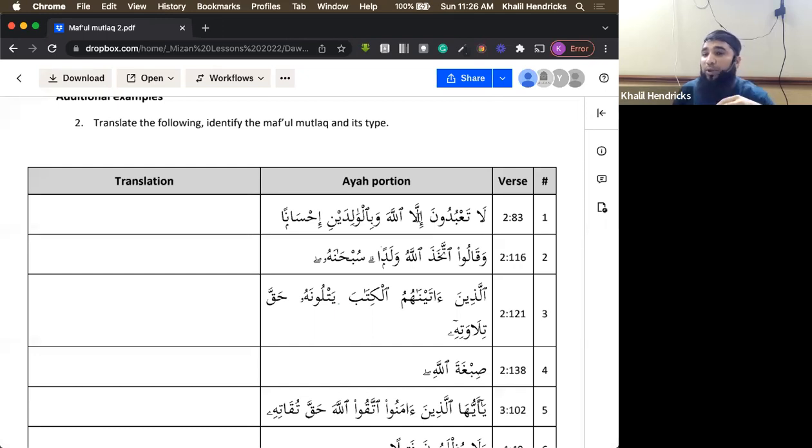Yes, but now remember, we don't call something a maf'ulun bihi unless it's a direct object. If a harful jar comes there, then we call it the ismul majroor. Right? So let's not get too carried away with that. All that I'm just saying is that we see a nasb, there's no verb around.